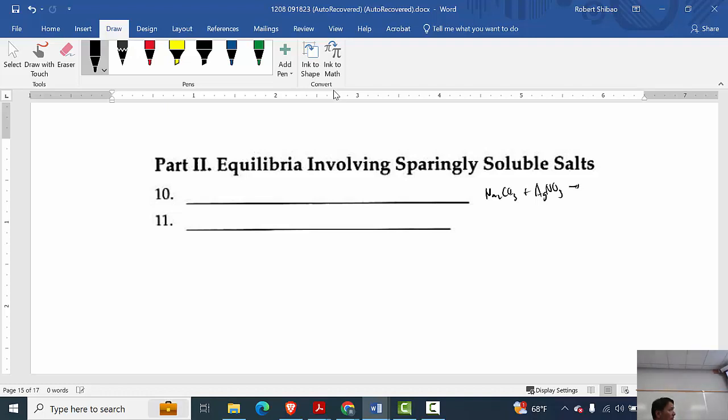Okay, what does this form? Well, what do you predict this is going to form? This is an AB plus CD. It's going to form what?